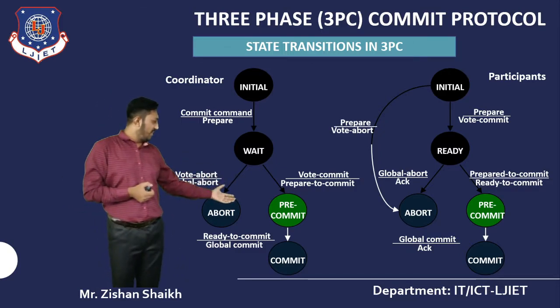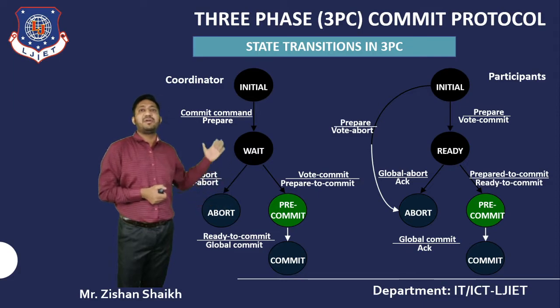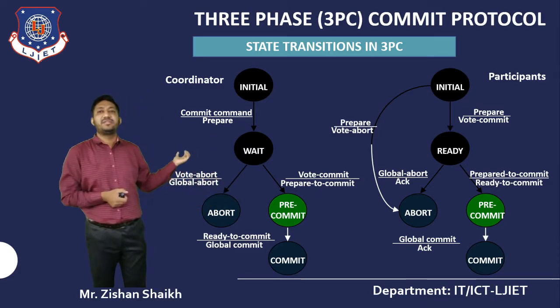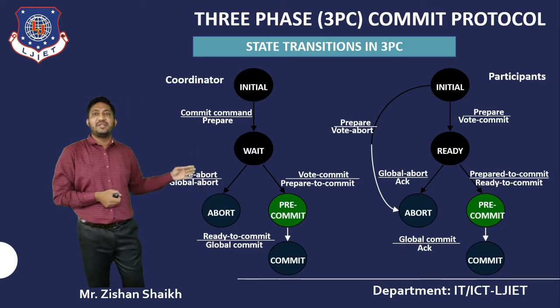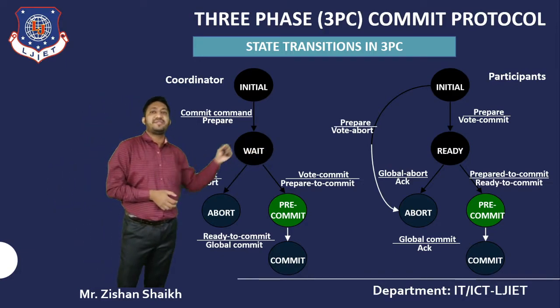So after the pre-commit message, it will go to the positive side, that is our commit message. But what happens if in the wait state a negative message is received, that is our abort message? If a participant is sending the abort here, then the coordinator writes a global abort message in its log and sends global abort to all the participants.